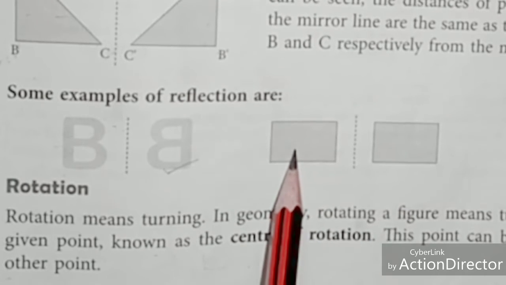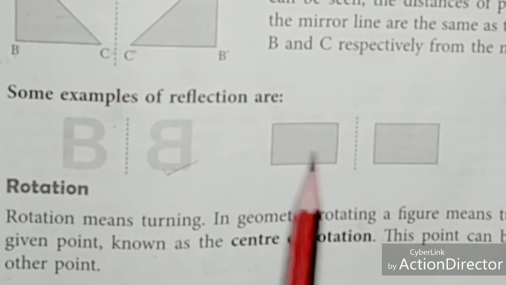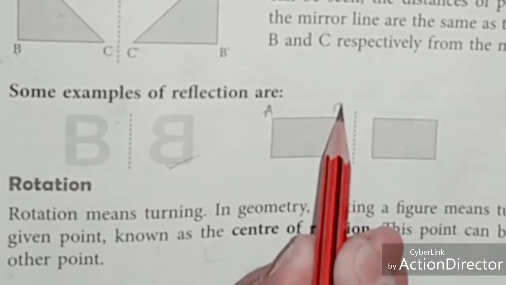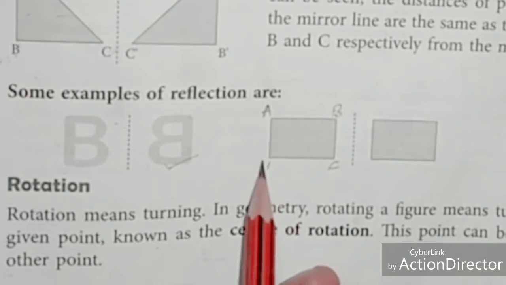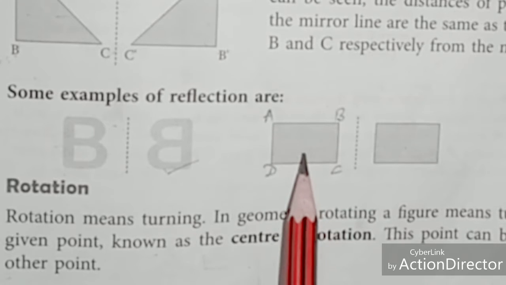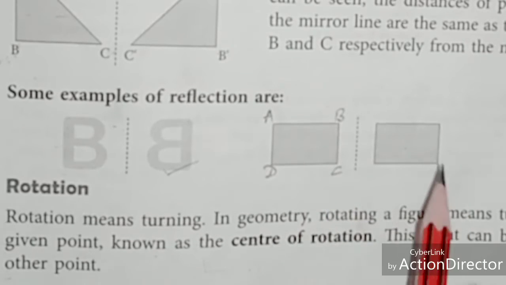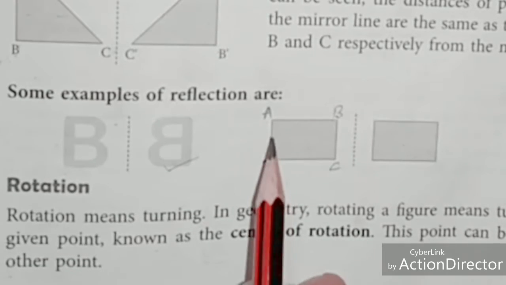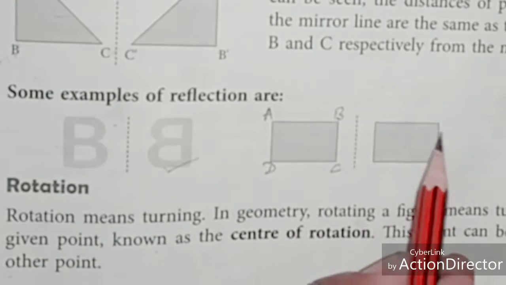In this figure we see these rectangles and give the name of this rectangle A, B, C, D, but when we see this rectangle in the mirror, it looks like this: A and D shift left to right hand side.